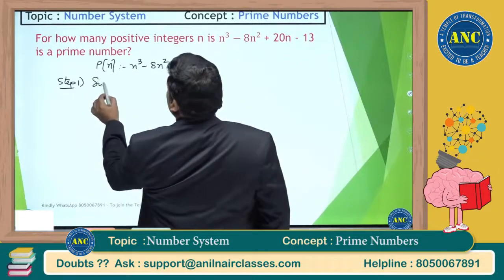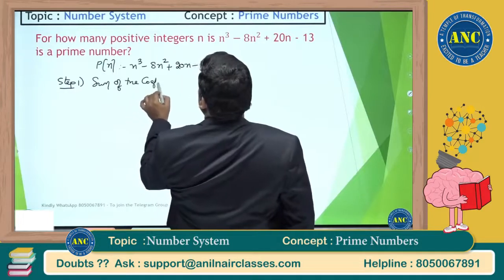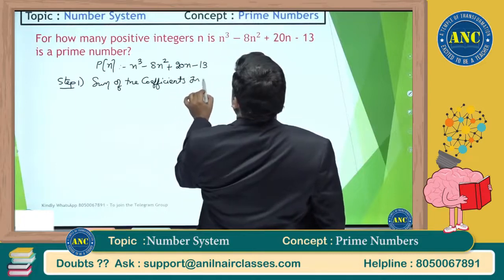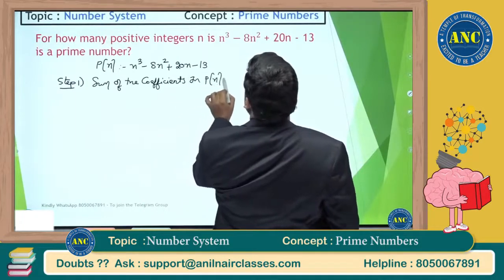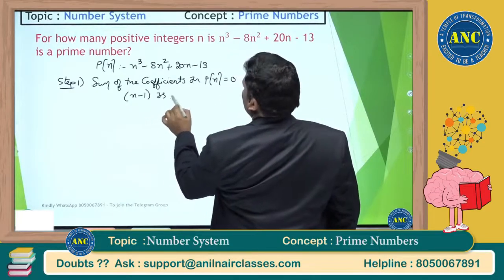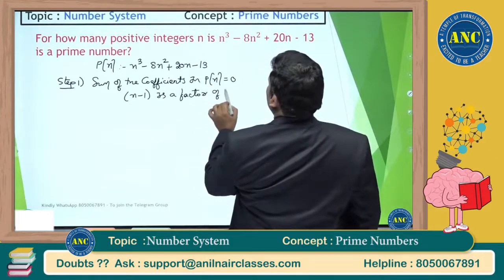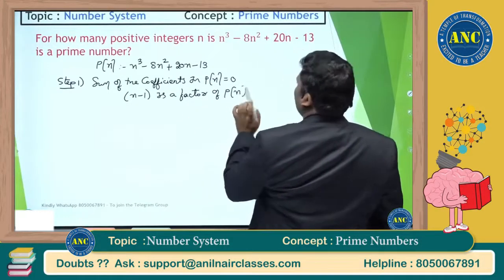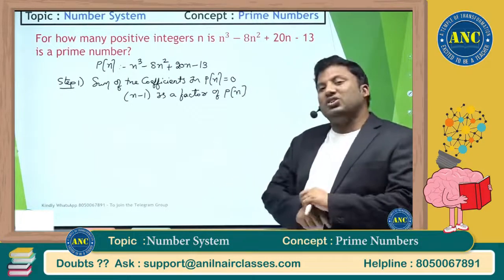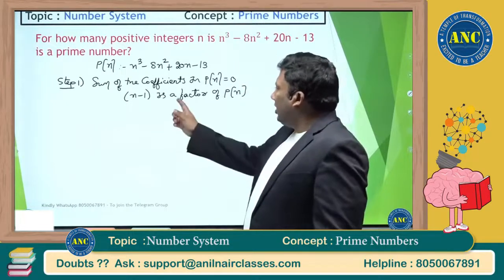That is, if the sum of the coefficients in P of n is equivalent to 0, then n minus 1 is a factor of P of n. The first and most important key point I will discuss in detail in remainder theorem, algebra session number 3 or 4. Why is n minus 1 a factor?